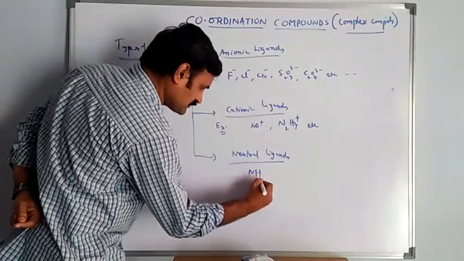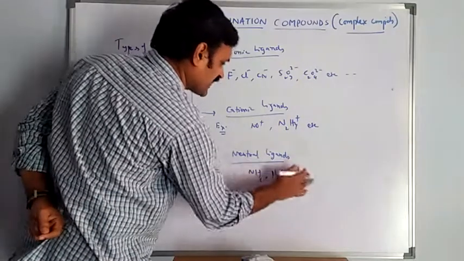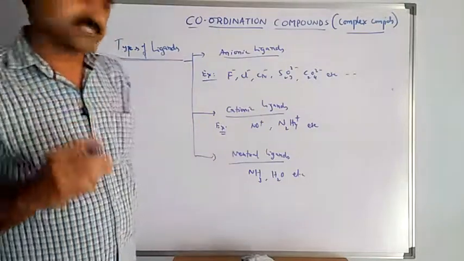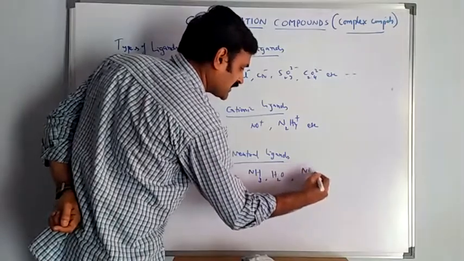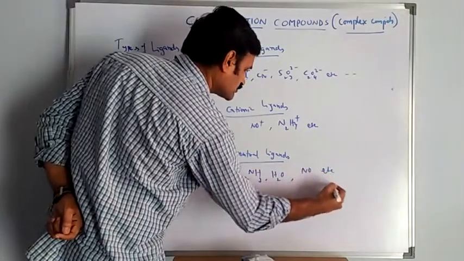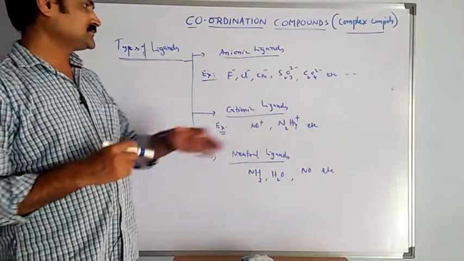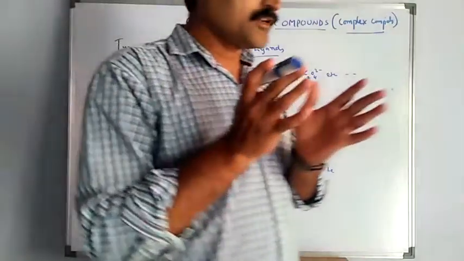So we can write NH3, H2O, and sometimes nitrogen oxides also come in the discussion. NO is also sometimes, rarely, as in the brown ring test, neutral.